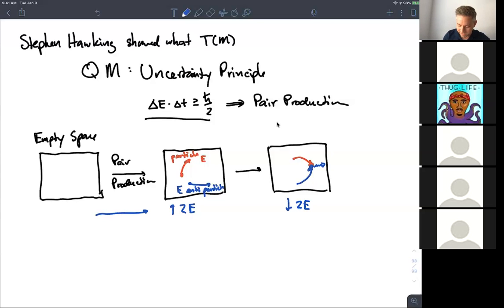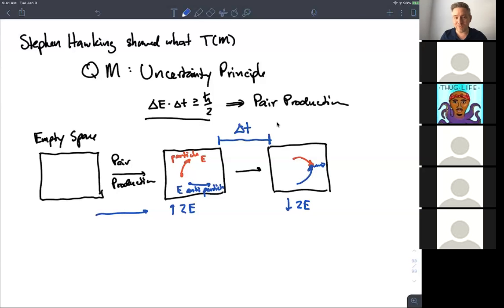And so what quantum mechanics says is that as long as this pair production and annihilation occurs in some finite amount of time, it's perfectly legit. You can do this, okay? So you can produce things out of nothing as long as you give them back before some finite amount of time.